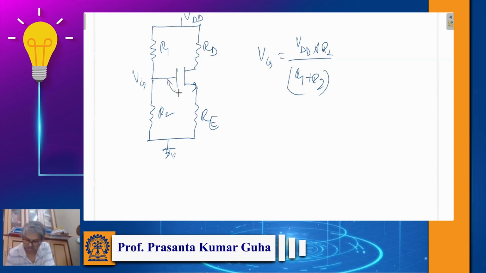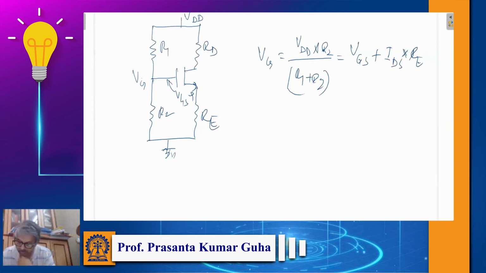So this is equal to Vgs plus Ids multiplied by Re.